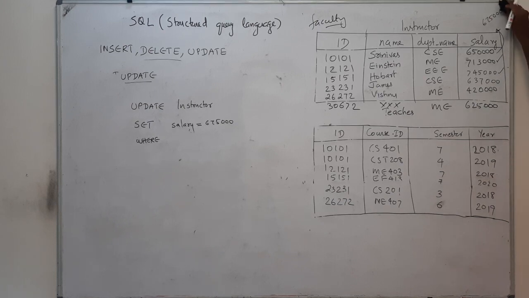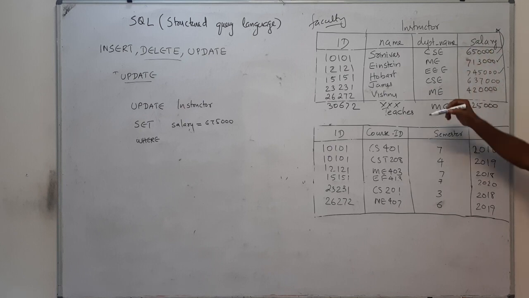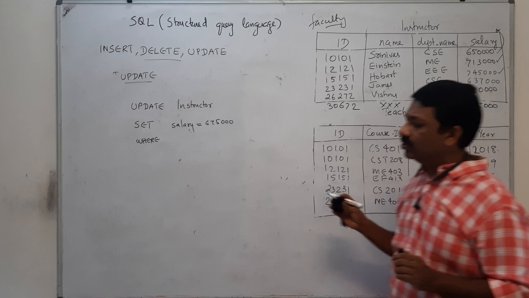Now suppose that you want to increment the salary of each employee by 25,000, that means for every employee the annual increment is, say, 25,000. You are going to set the salary of every tuple by 25,000.